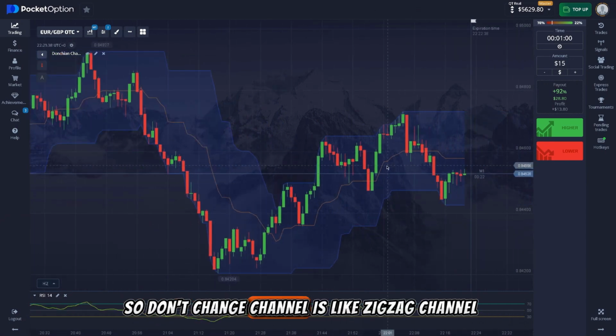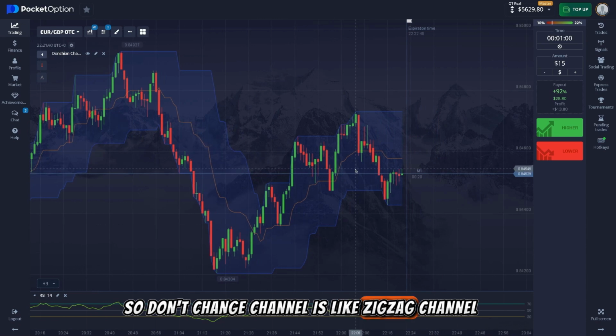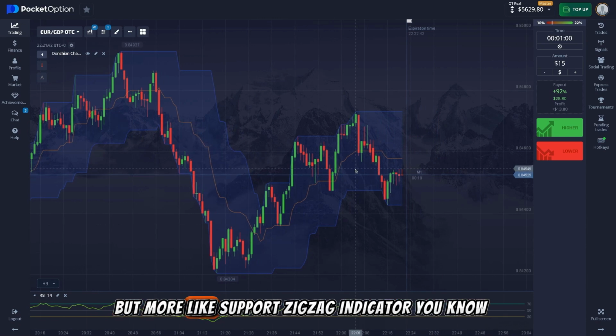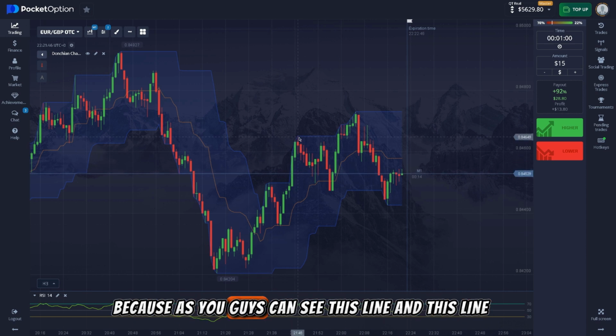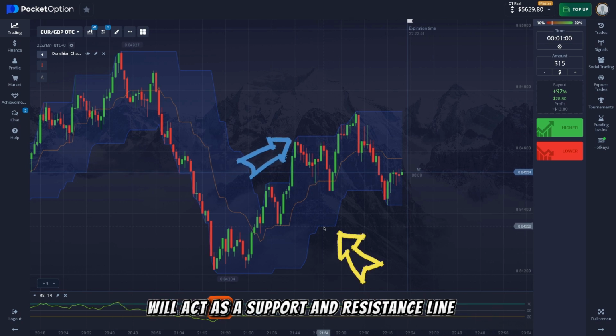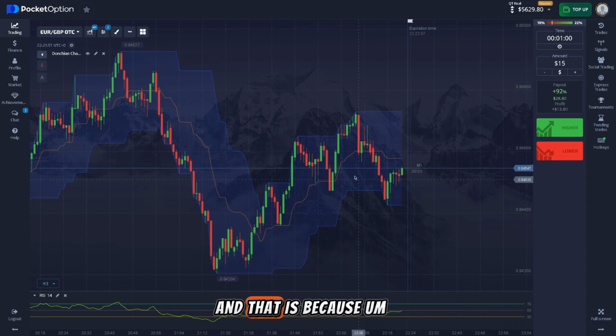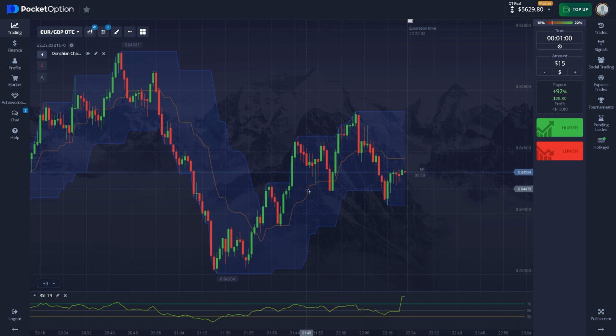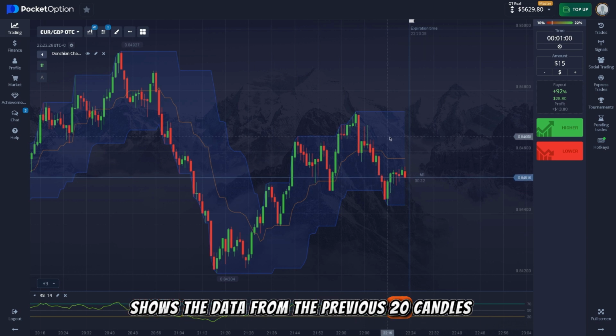The Donchian channel is like a zigzag channel, but more like a support zigzag indicator, because as you guys can see, this line and this line will act as a support and resistance line, and that is because the Donchian channel shows the data from the previous 20 candles.